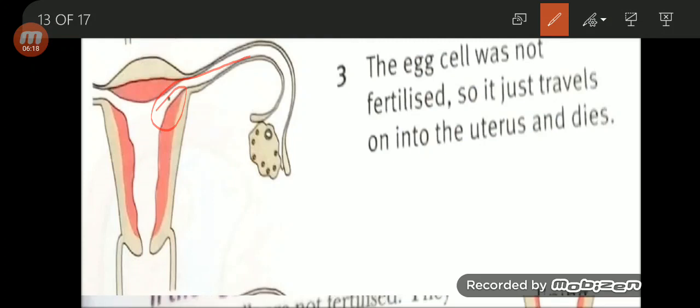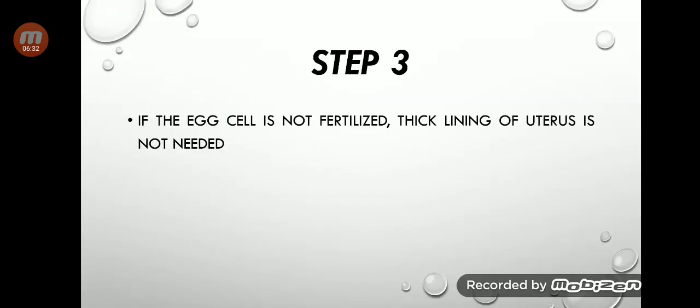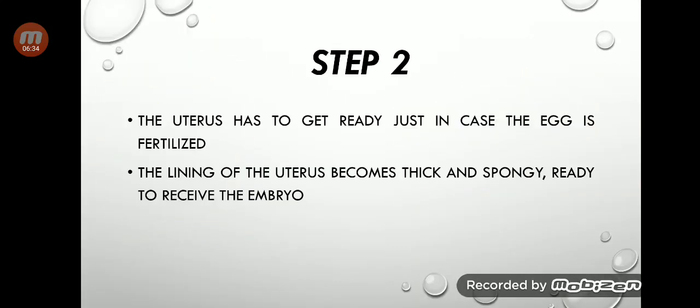Okay, so what is step number 4? The egg cell is not fertilized and it eventually dies. In step number 4, the death of the egg cell happens.